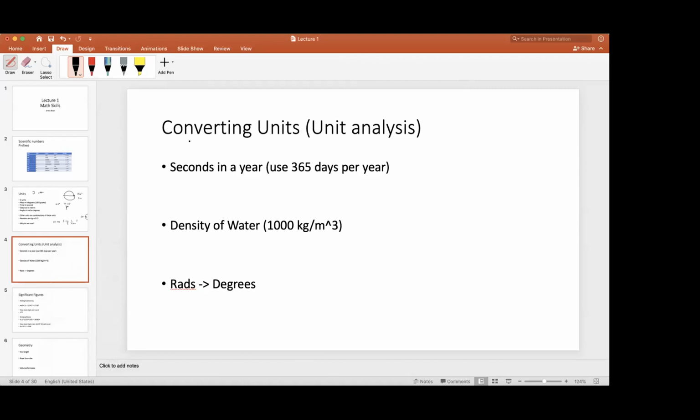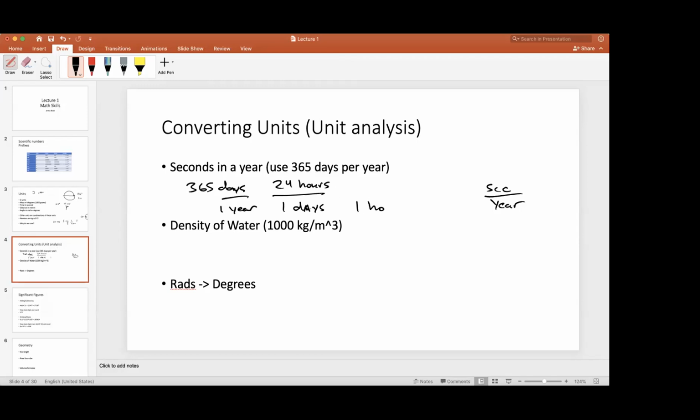So we know that there are 365 days in 1 year. And we want seconds in a year. So the first thing we do is we want to convert days to hours. In 1 day, how many hours are there? There are 24 hours.